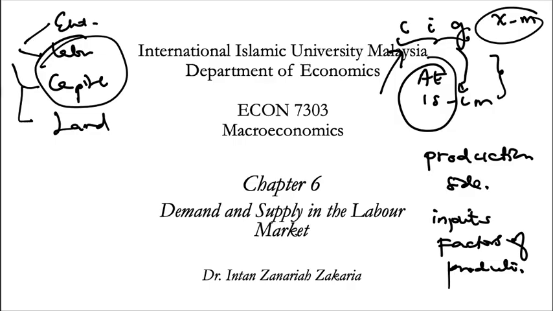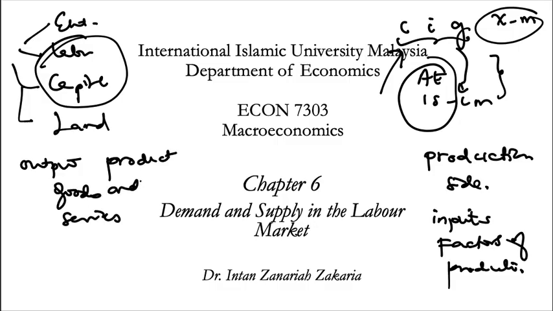When we talk about labor and capital here, this labor and capital will be used by the entrepreneur to produce output. When we talk about output, it is similar to product, also similar to goods and services. So those are the same term.